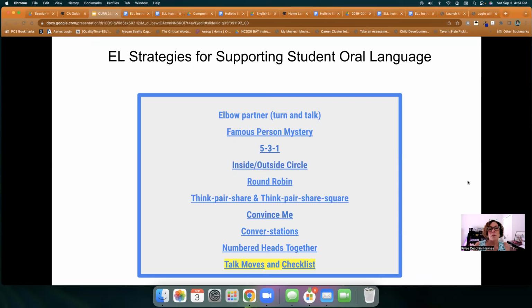They are not the ones raising their hands, and often teachers won't call on them because we're like, well, we don't want to put them on the spot. Well, we've got to find a way around that because they need the airtime. They need to be able to speak in an academic setting.